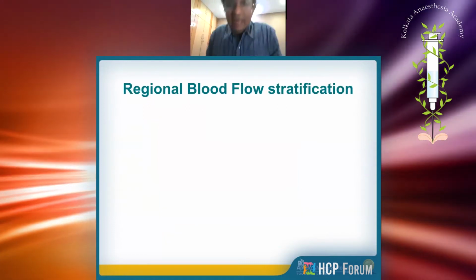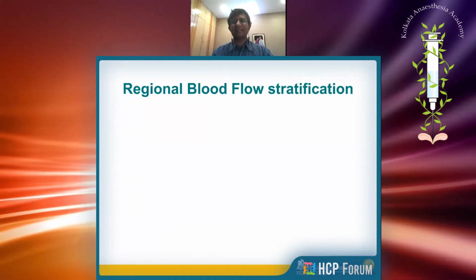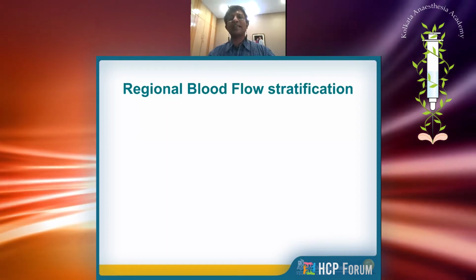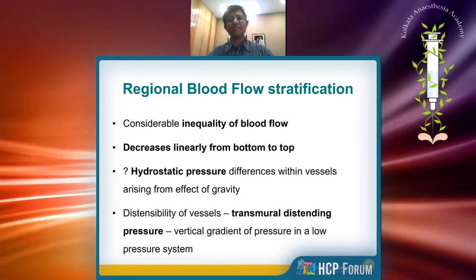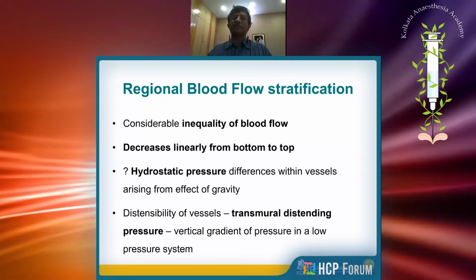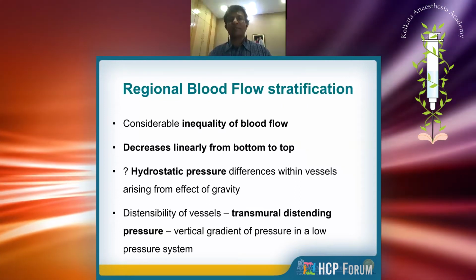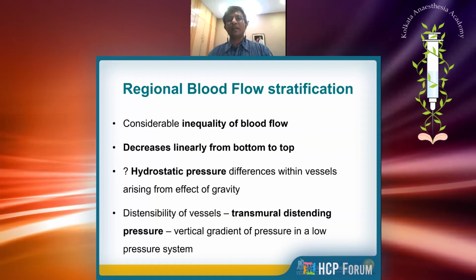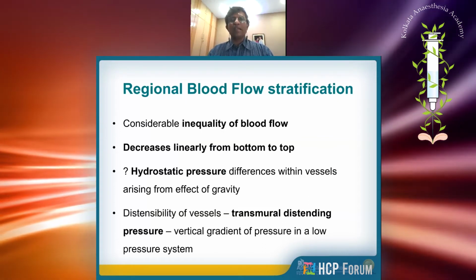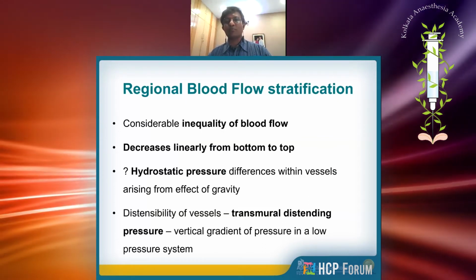So understanding this leads to understanding the regional blood flow stratification. And again, just like ventilation was imperfect and unequal, even the blood flow is unequal. It decreases linearly from bottom to top.